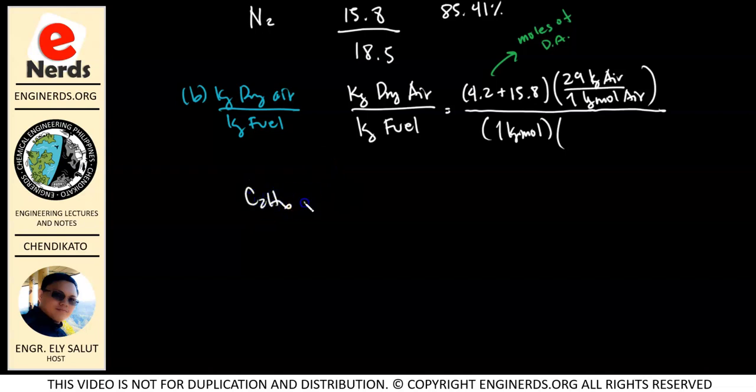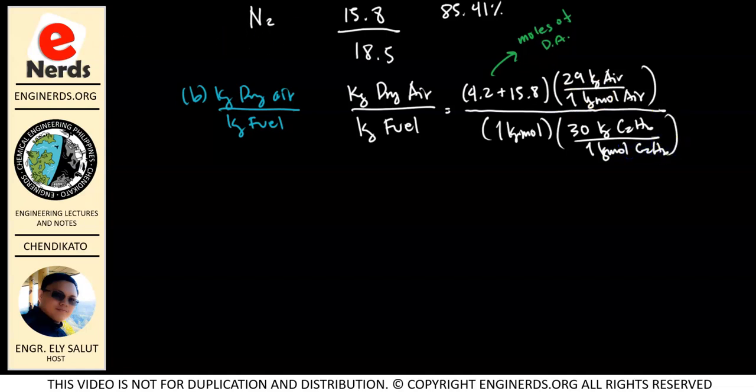The molecular weight of C2H6 is 12 times 2, which is 24, plus 6, which is 30 kilogram per kilogram mole. Okay, so that will be our molecular weight, 30. So let me remove that in order to have more space. So we have here 30 kilogram of C2H6 per 1 kilogram mole of C2H6.